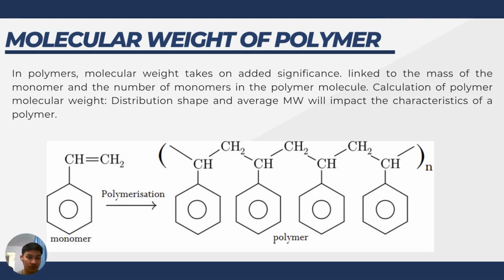And then in polymers, we also have molecular weight. In polymers, molecular weight takes on added significance, because a polymer is a large molecule made up of repeating units. The variations introduce some unique aspects of polymer molecular weight, since polymers are made up of smaller molecules called monomers.